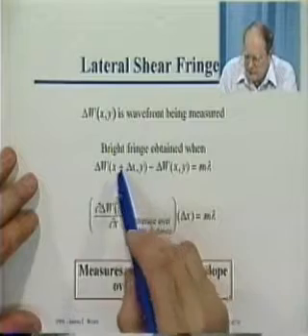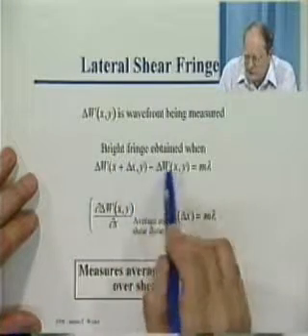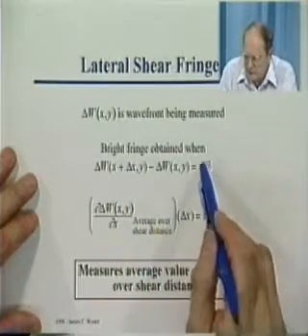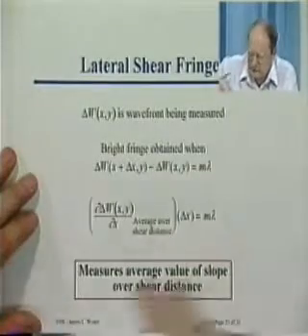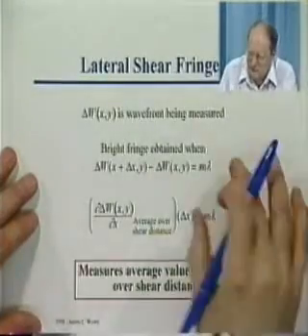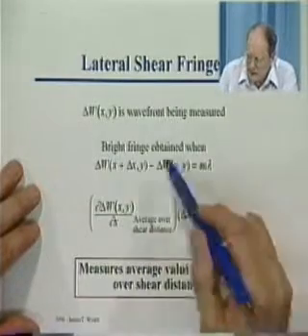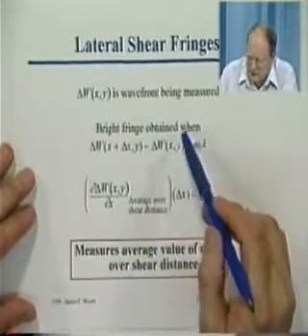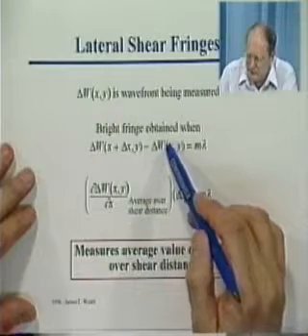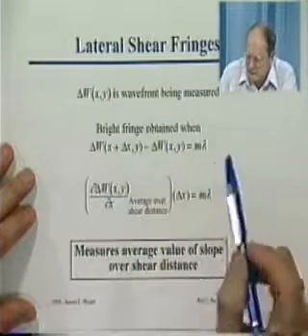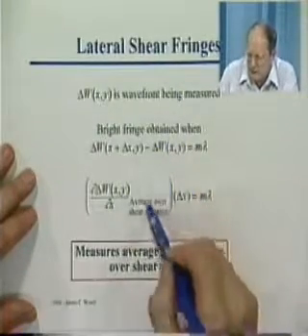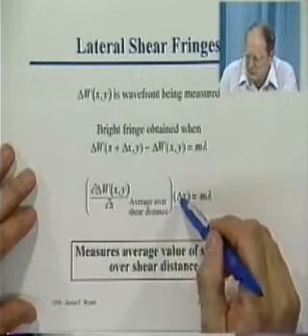And we're going to get a bright fringe whenever this difference here is equal to an integer number of wavelengths. Forgetting about phase changes on a reflection, that may shift the fringes. And I can kind of rewrite this as the partial of delta W with respect to x averaged over the shear distance times delta x, the shear.